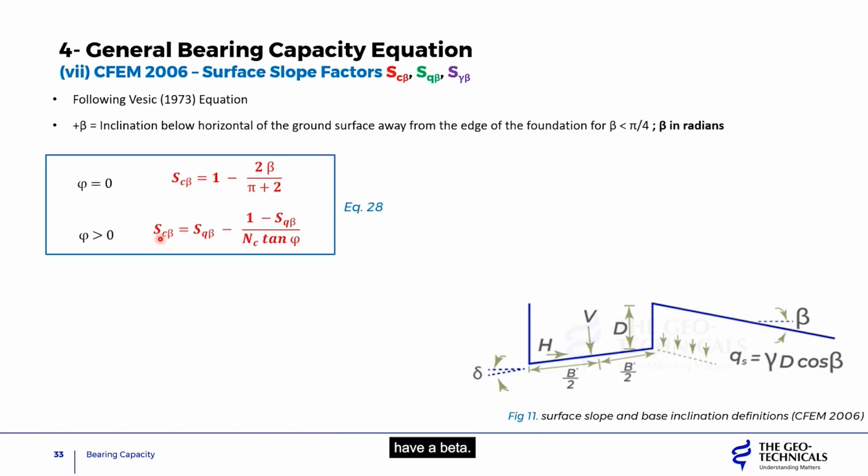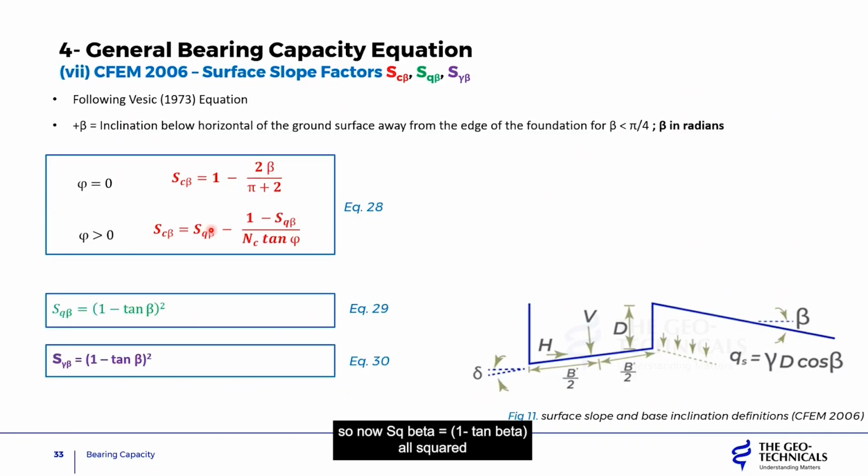If phi is more than 0, the cohesion portion due to the sloping ground is a function of s_q beta, which is the surcharge factor due to the inclined load: s_q beta minus (1 minus s_q beta) all over Nc tan phi. So now let's see what s_q beta equals. s_q beta is (1 minus tan beta) all squared. And surprisingly, s_q beta is going to equal s_gamma beta, which is (1 minus tan beta) all squared again.